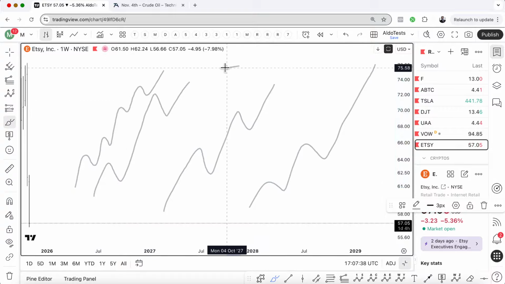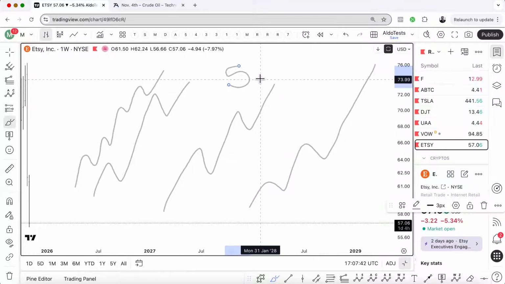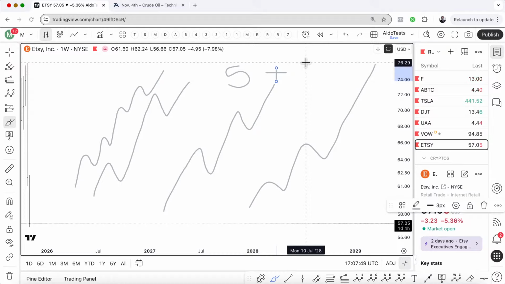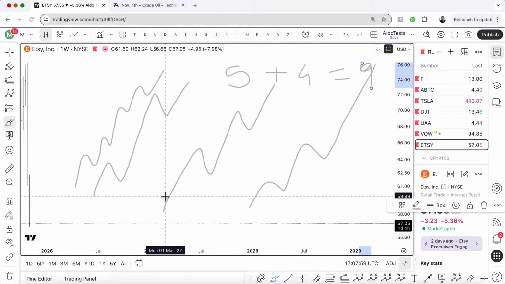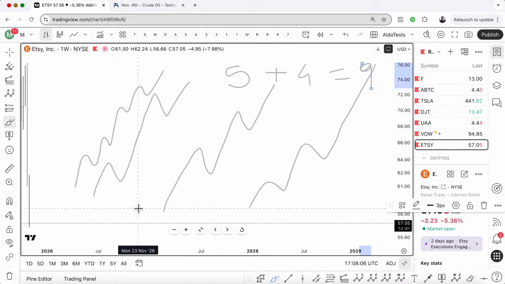So impulses typically have 5 legs, right? But when they have extensions, which is always, they actually show 9 legs. And it doesn't matter where the extension is, whether it is on the first leg or on the 5th leg or the 3rd leg, as in this case, they end up showing 9 legs.